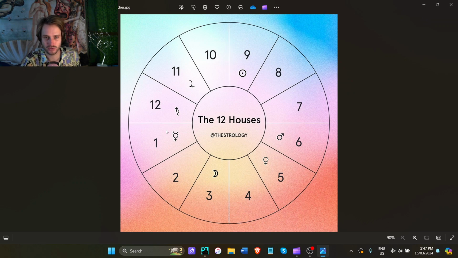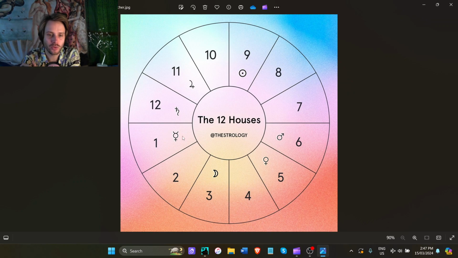They're not real. So you can't go out into the sky and look up and say, oh yeah, there's the line of the 12th house and the 11th house. And I'm sure most of you already understand that. So these are astronomical observations, something like that.